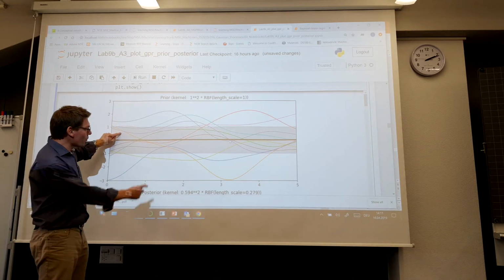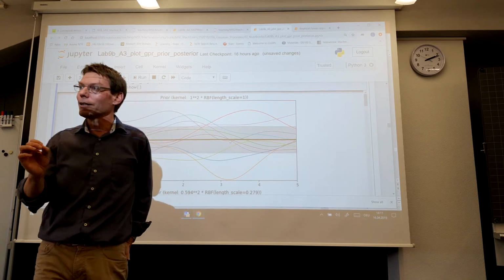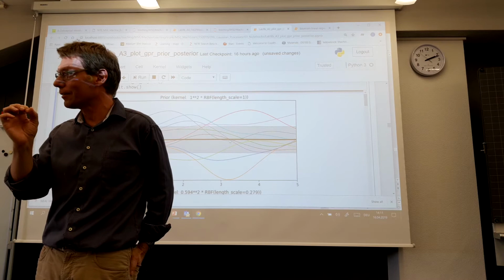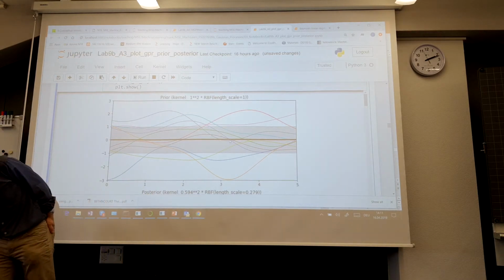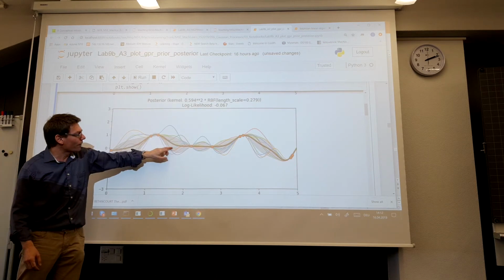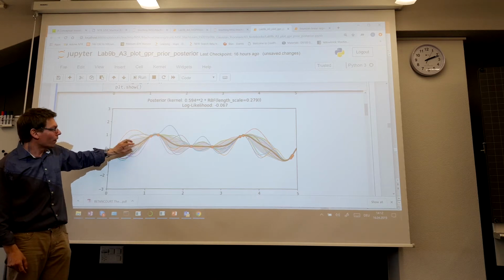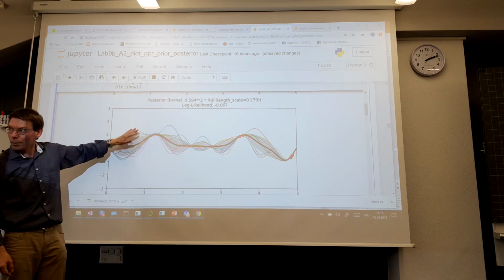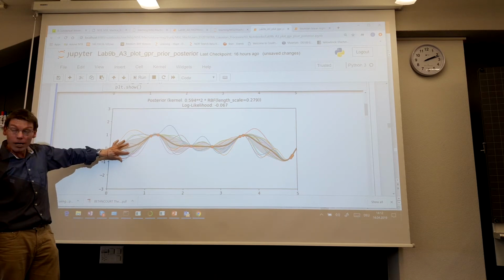But as soon as we give evidence, some data points, we know it is certain that the function must go through those points, and then it restricts all the possible outputs here in the posterior like this. And what we get is not only this black line, but the distribution over all these possible values. This is indicated in the gray shading here.